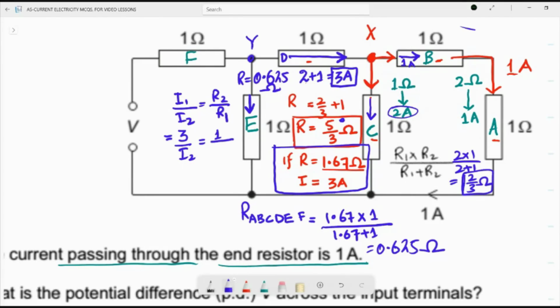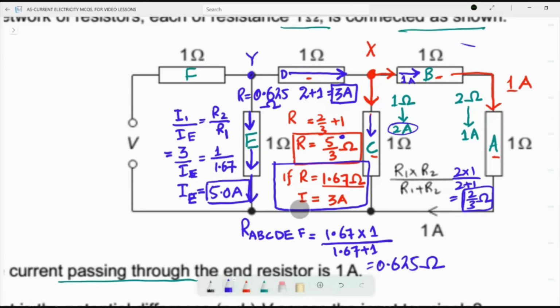R2 is 1 ohm, and R1 is 1.67 ohm. I2 means the current in resistor E, so let me call it IE rather than I2. That is 3 times 1.67, which gives us 5.0 ampere. It means the current through this is 5.0 ampere.